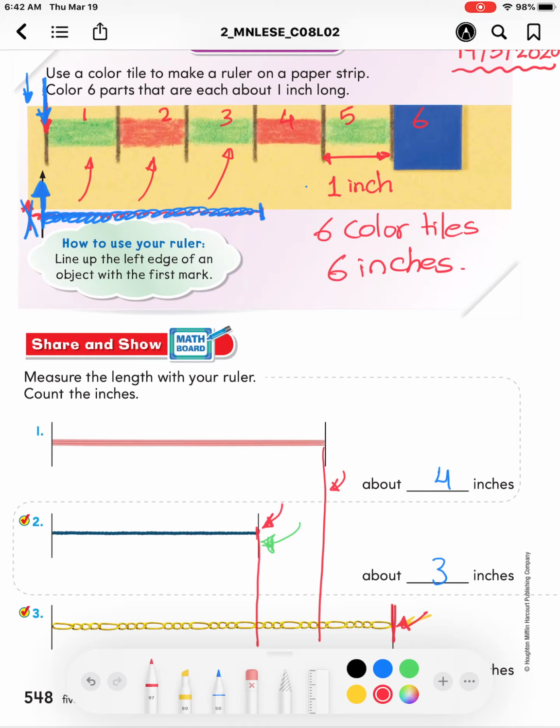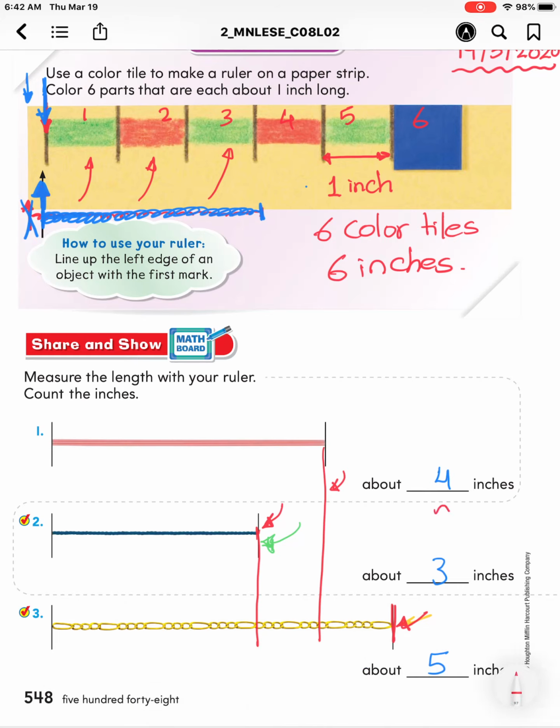Amazing. I can hear someone saying, after we measured, we now have the number in inches. So I can easily find out which one is longer than the other, which one is the longest, which one is shorter than the other, which one is the shortest. So measuring is so important because it helps us to know the length of the objects.